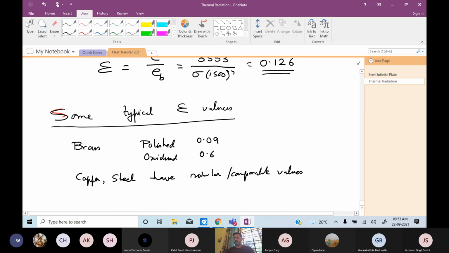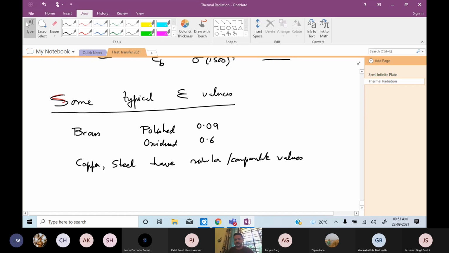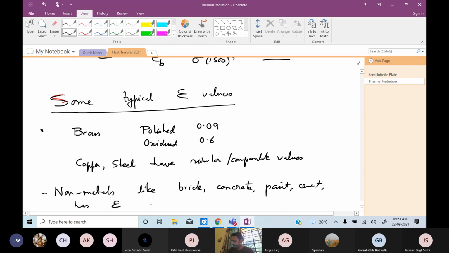If you take some non-metals like brick, concrete, paint, cement, they have very high values, like 0.9 or so.